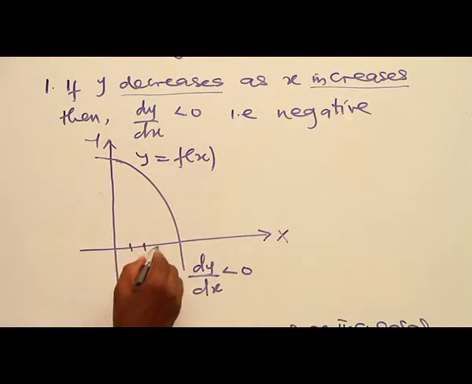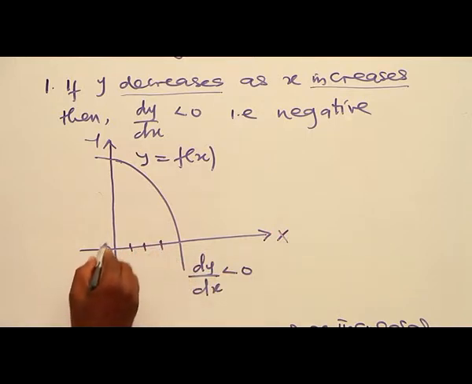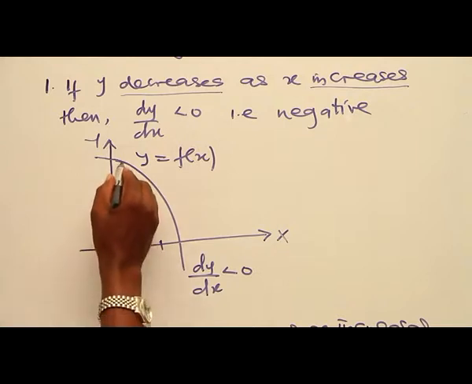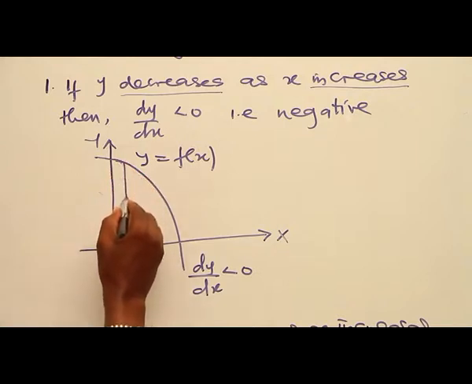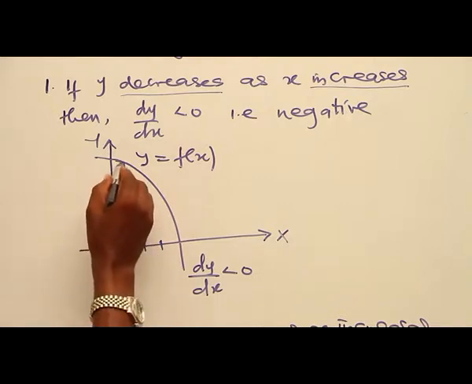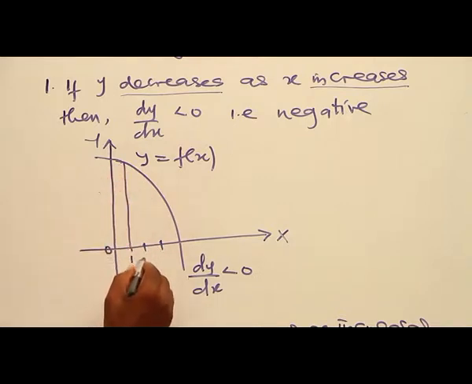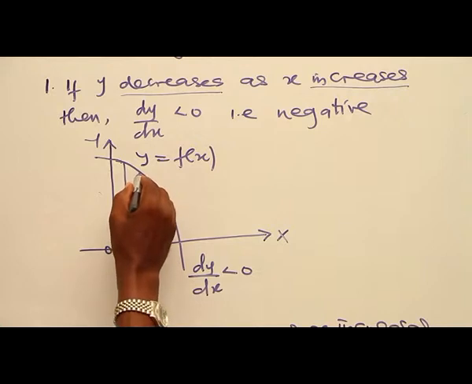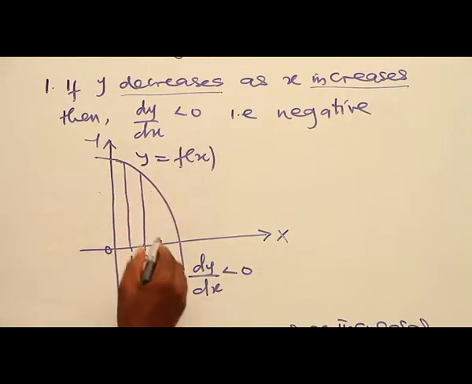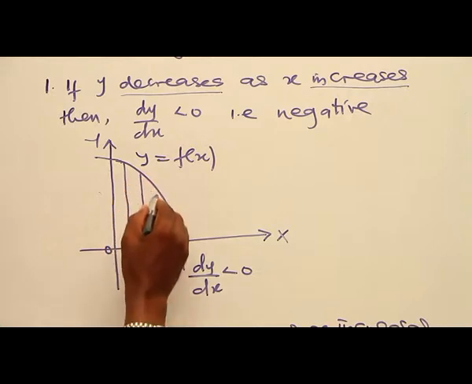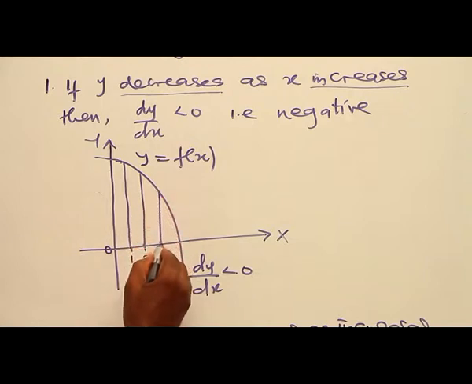Now let's say we have some points here. If this is 1, we have a corresponding value of y. If this is 2, we have a corresponding value of y. If this is 3, you have a corresponding value of y.